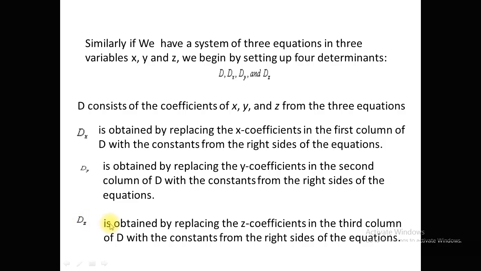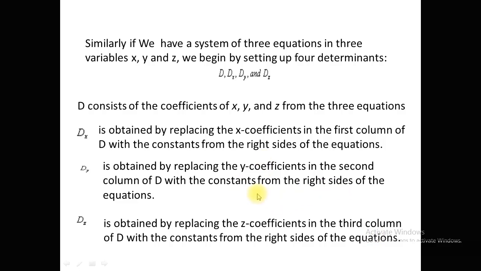Then obtain Dz. Dz is the new determinant for the value of z, and this new determinant Dz is obtained by replacing the z coefficients in the third column of the D matrix with the constants from the right sides of the equations.